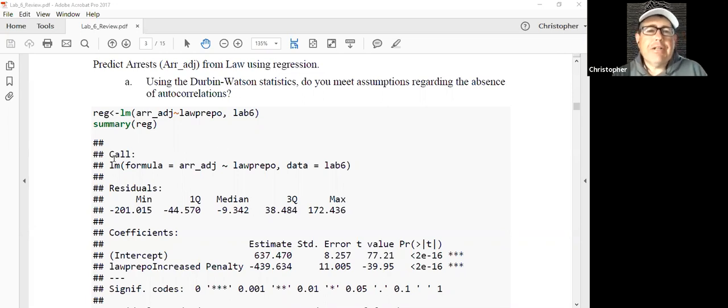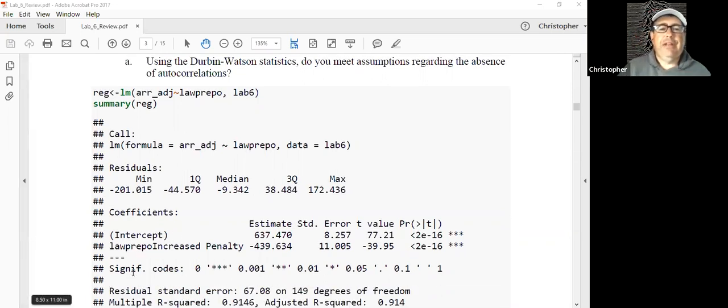So to get the Durbin-Watson, I just run our basic regression analysis, and you can see here we've got law pre-post with the increased penalty for drunkenness. There's a negative slope there, suggesting that yes, when they increased the penalty, the number of arrests went down. They went down by 439.6 arrests per year.